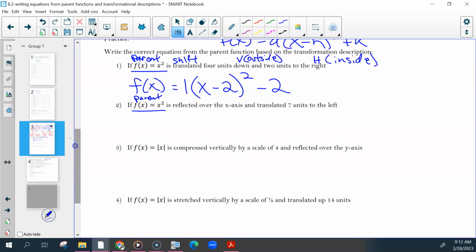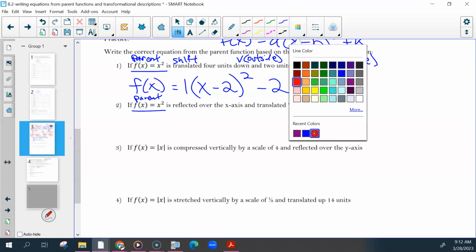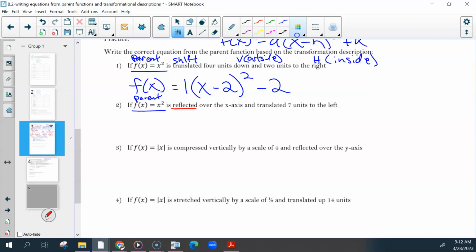What of those 4 words do you see in this? Reflected. I'm just going to underline it for now, and then we'll talk about what type. And then anything else? Translated. You know that's our shift.